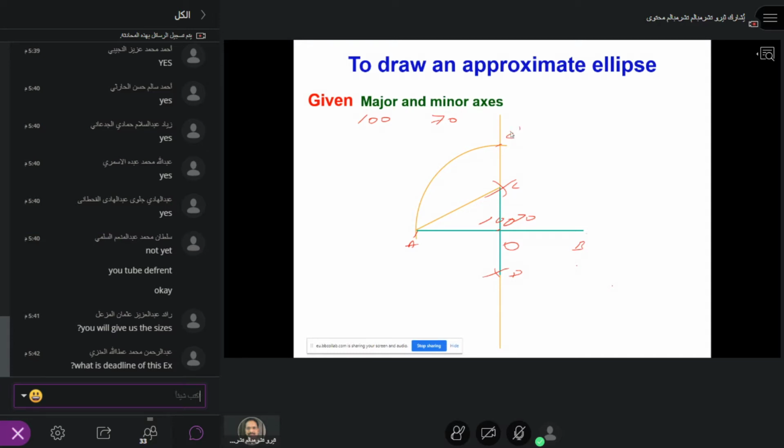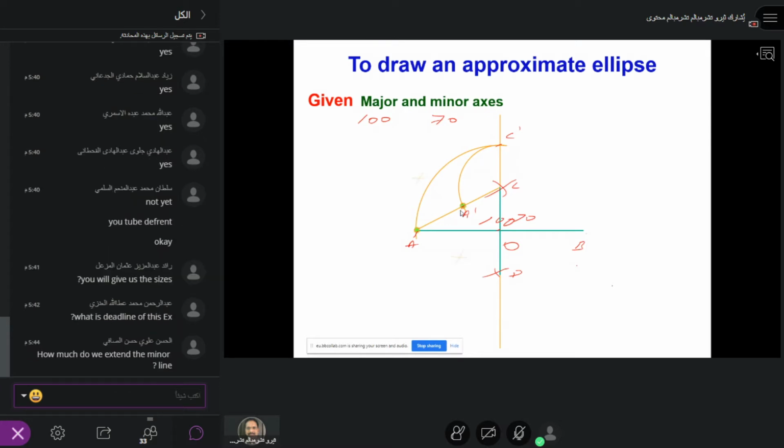After that, take C and C dash as the radius and draw a semicircle. It will cut here. Now you have to bisect these two. The other one, maybe you can call A dash. Bisect this A dash, draw the bisection line, and join it to this CD line here.